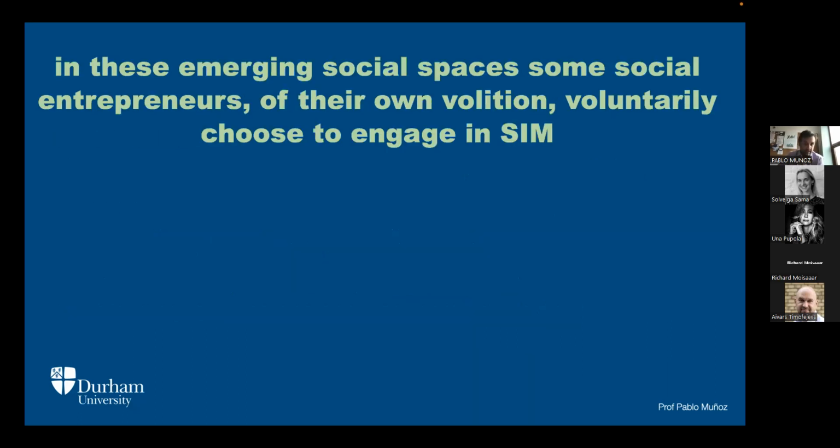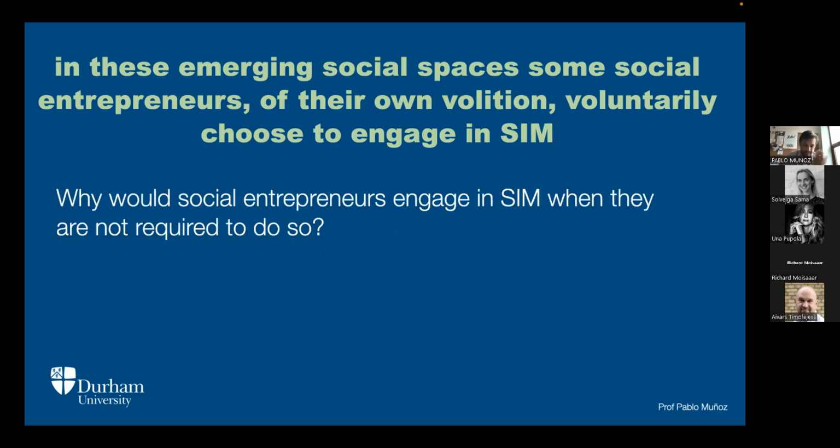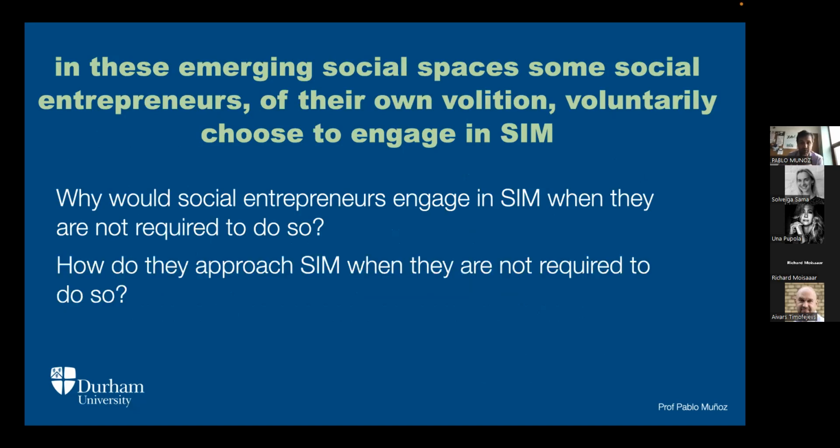But what we realized in our research is that we found social entrepreneurs who were voluntarily choosing to engage in social impact measurement, right? And that obviously triggered a lot of questions. So how do they do it when they're not required to do so? And how do they approach SEAM when they're not required to?